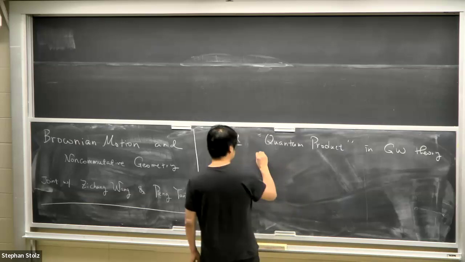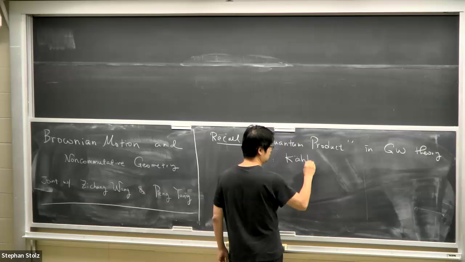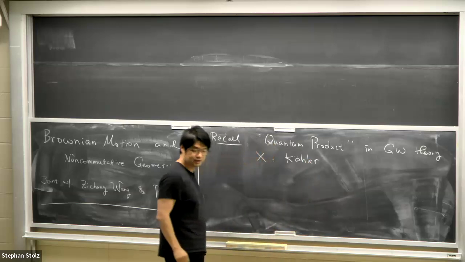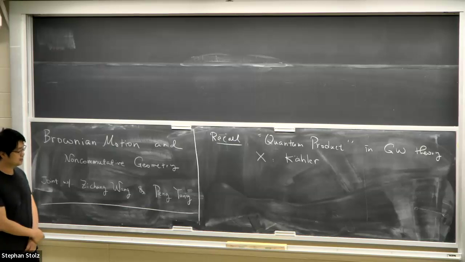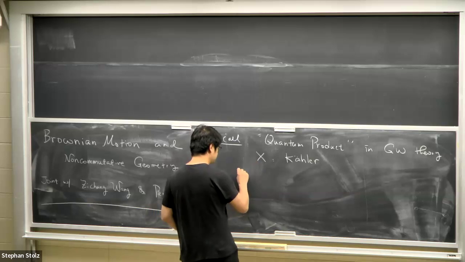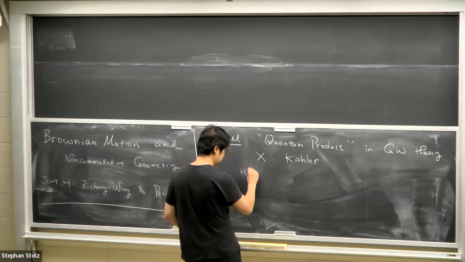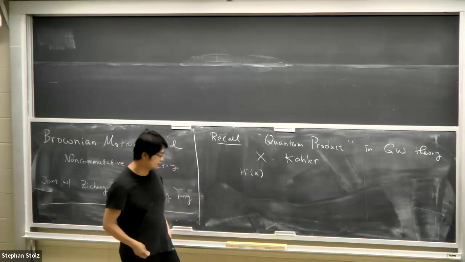Suppose I have a Kähler manifold. On this Kähler manifold, we have the cohomology ring, and this is a ring, so we can basically multiply elements together.